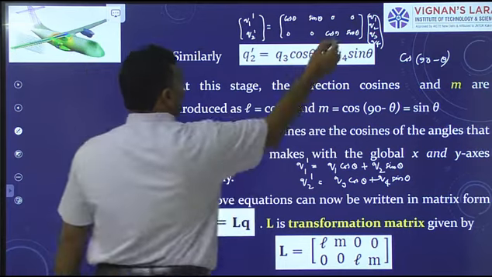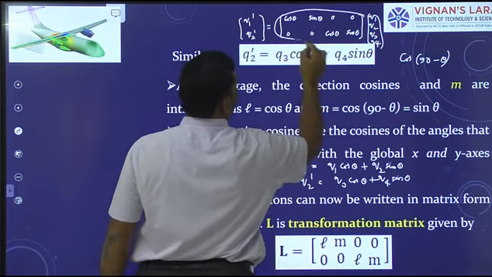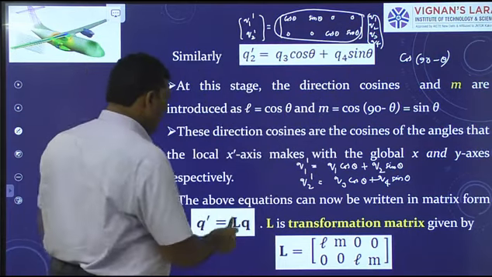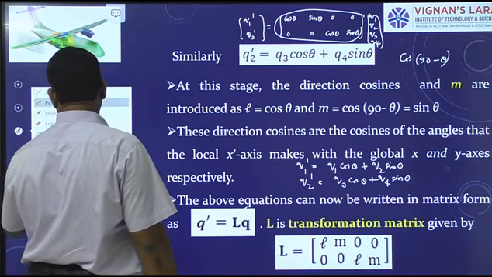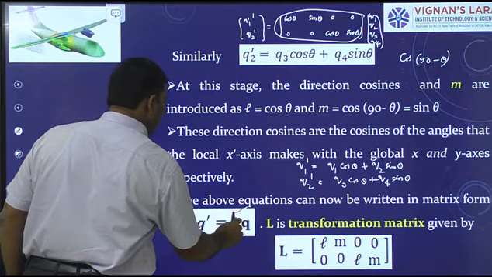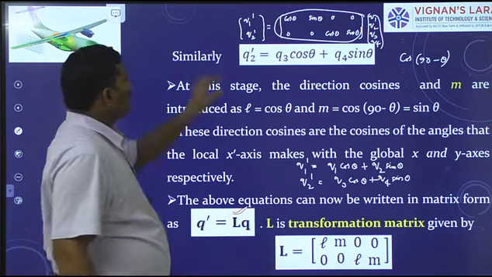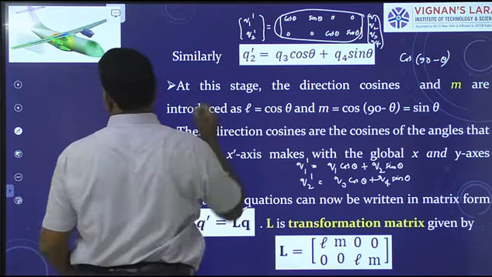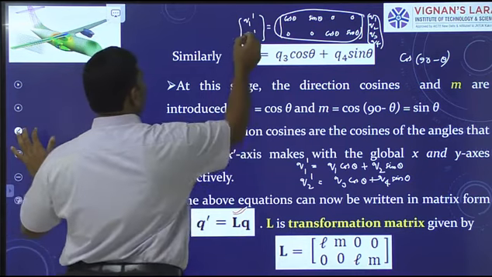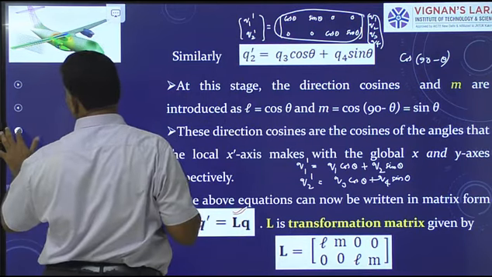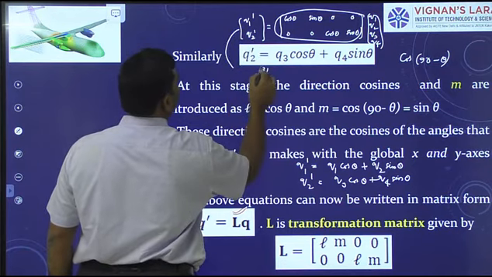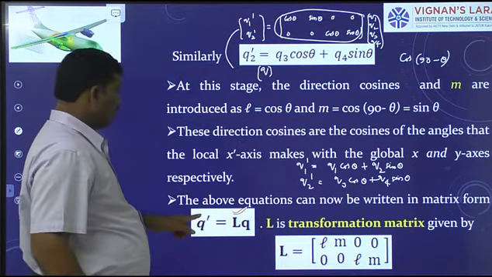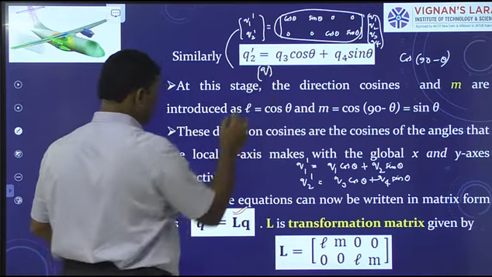This matrix I denote by L, where L is the transformation matrix. The matrix containing Q1 dash and Q2 dash I denote by Q dash.